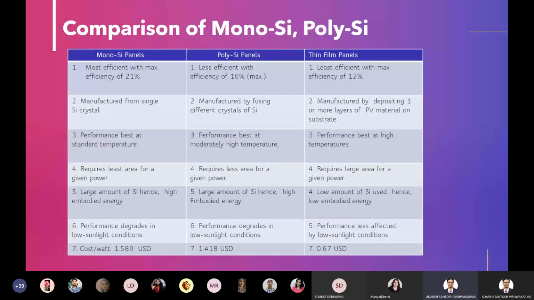Here is an overview of all the three panels, which helps us in making a decision, like which solar panel technology should be installed at our homes, because it is really important. For example, if we go to buy a phone, we generally compare different phone manufacturers.